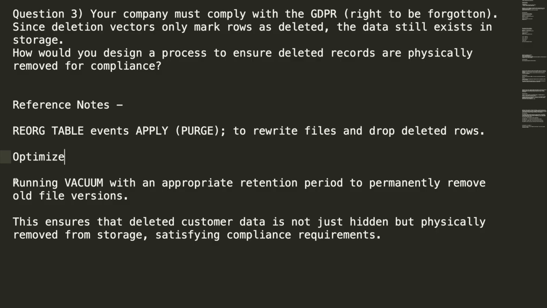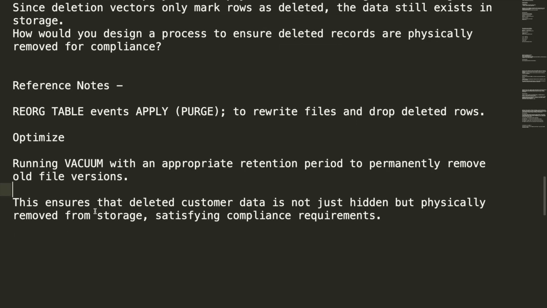I hope you know that by default there is a retention of 7 days. That means when we do a vacuum, it will remove all files older than 7 days which are not in use. But we have to be very careful when running vacuum because it limits our ability to go back in time travel. So if we want to time travel for a longer period, we have to be careful in doing vacuum.